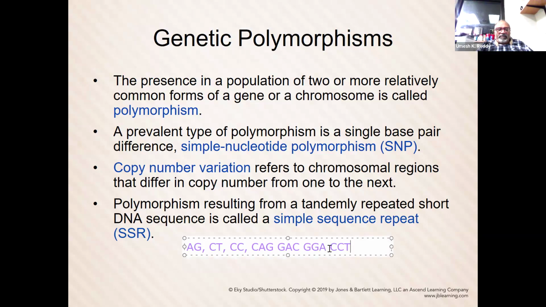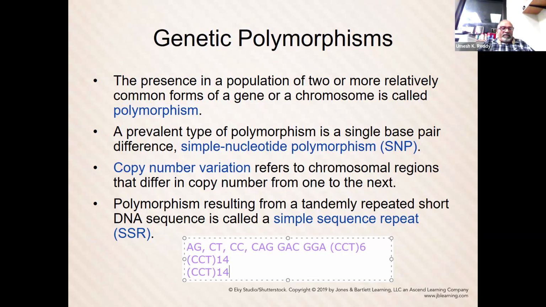Say one human has at one place CCT repeated 6 times, whereas the other person has the same CCT, say 14 repeats. So for example, myself, at one place I may have on one chromosome CCT 14, and on another chromosome I have CCT just 3.